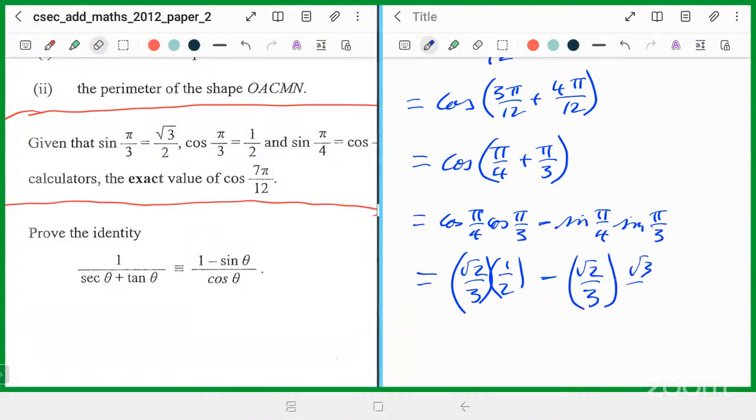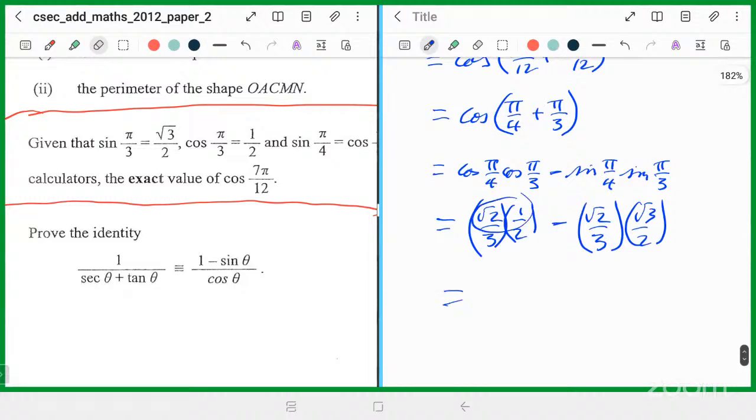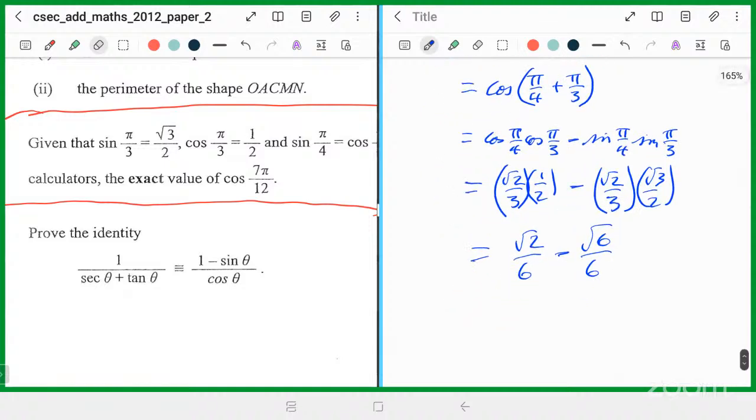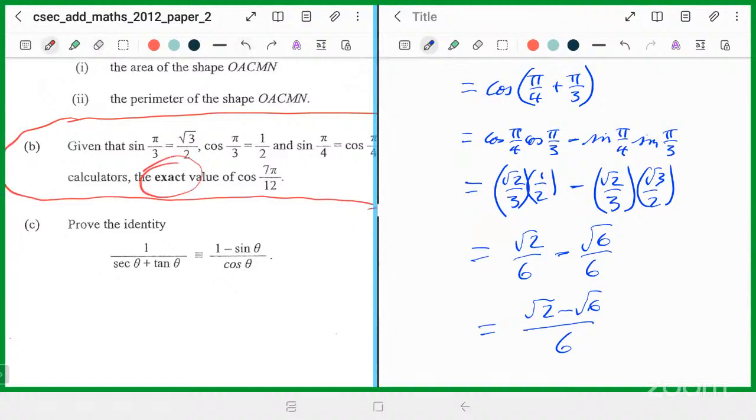Root 2 times root 3 means root 6, so it's minus root 6 over 4. So it becomes root 2 minus root 6, all over 4. That is it. The question said exact value, so I believe the answer like that is exact.